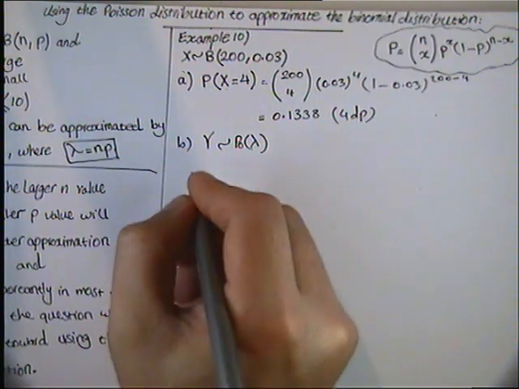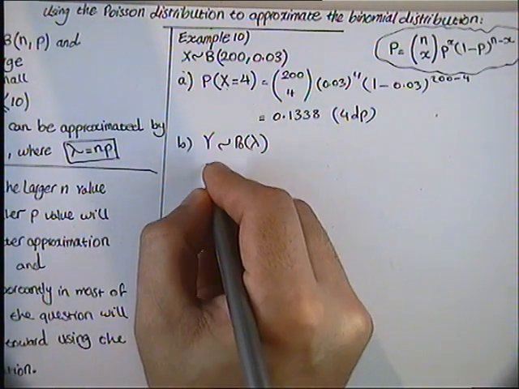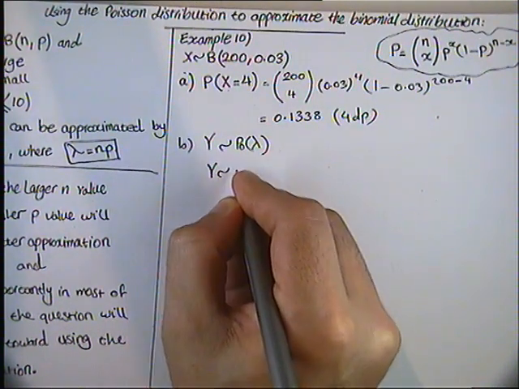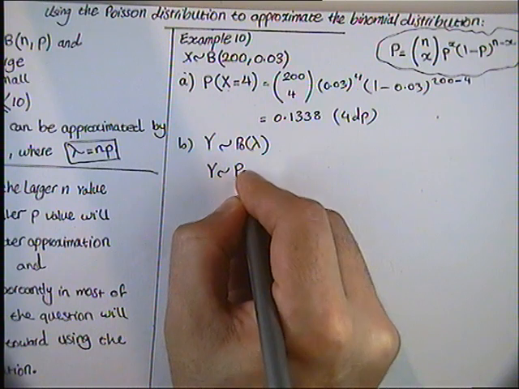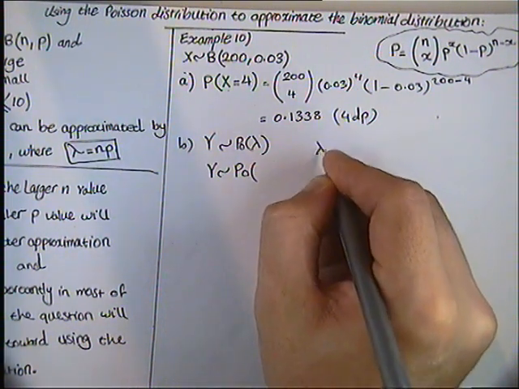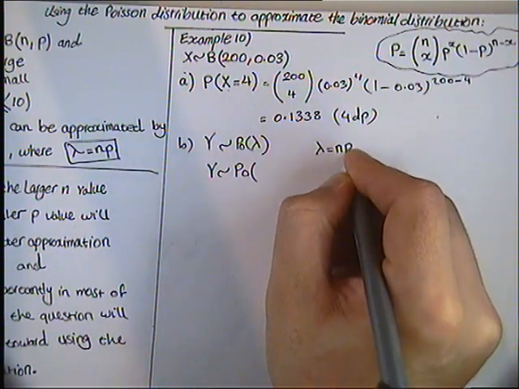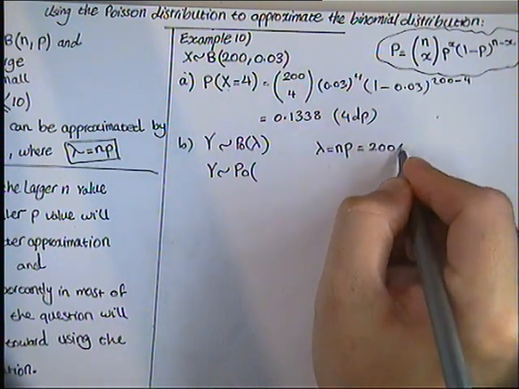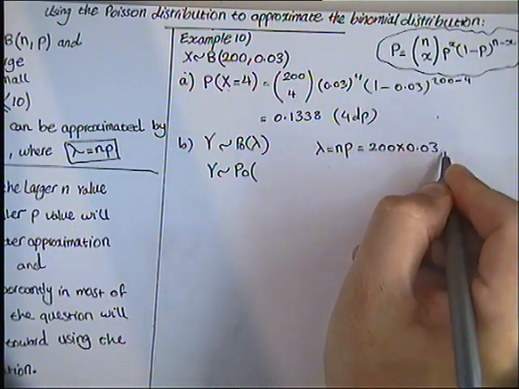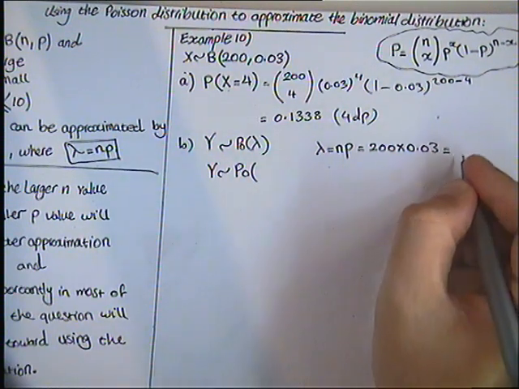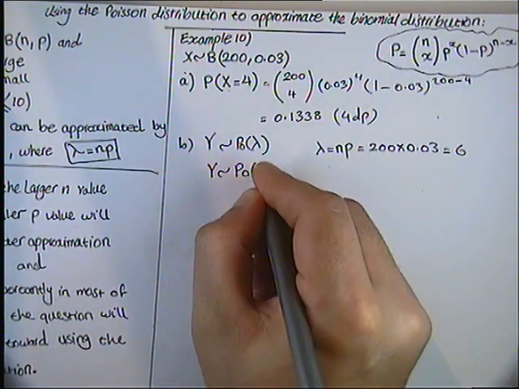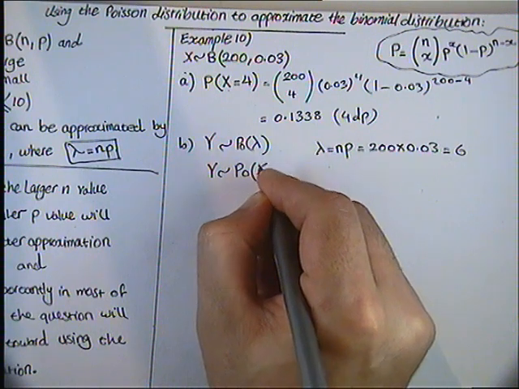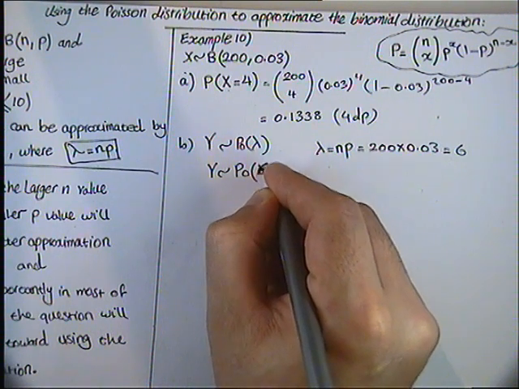So under the Poisson distribution, Y follows the Poisson distribution with lambda, where lambda is n times p. n is 200 and p is 0.03, which is 6. Therefore lambda would be 6.